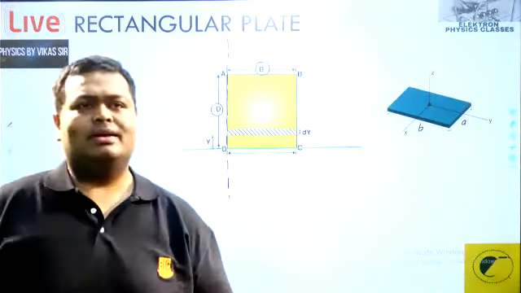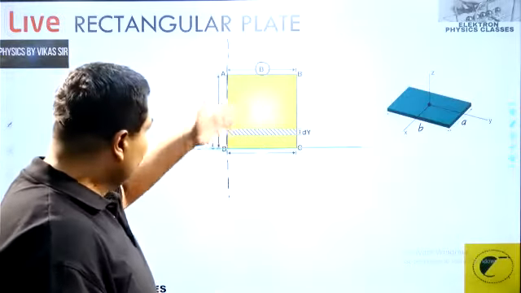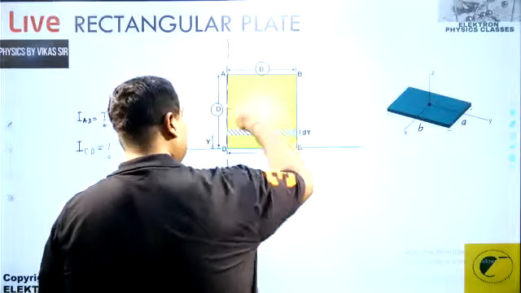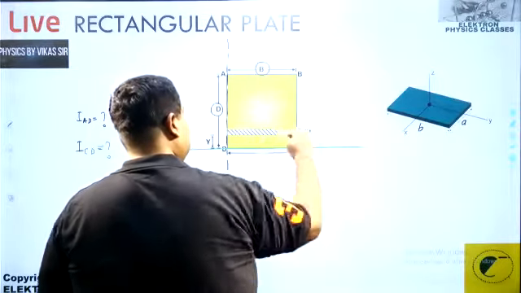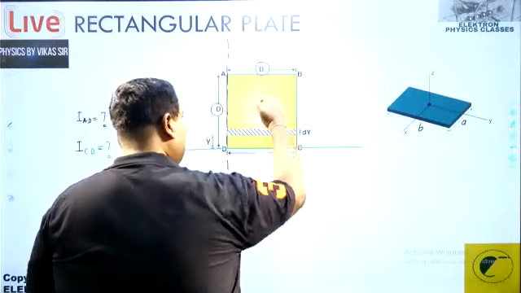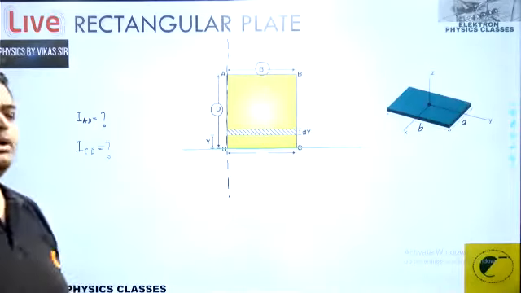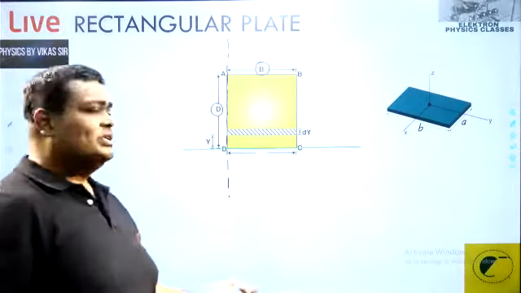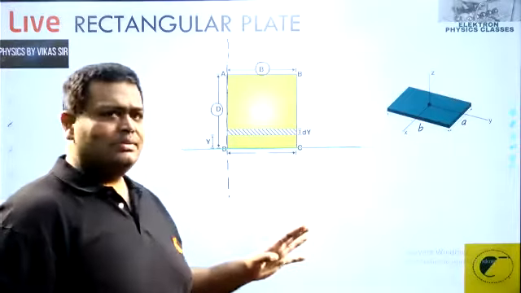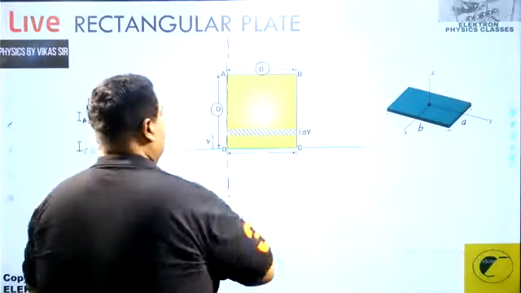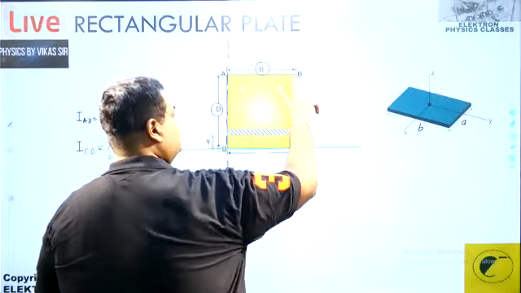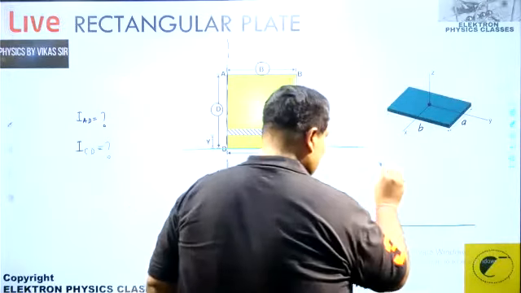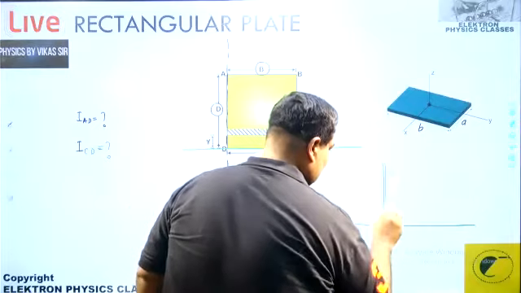It will look like a system of many thin rods, and calculating the net moment of inertia about this. So I'm directly utilizing the result for the rods about the given axis. If this is an axis, I can have infinite such rods arranged like this.